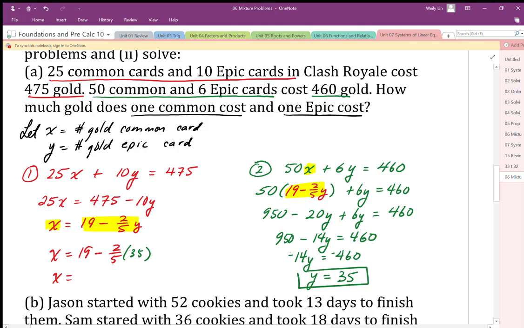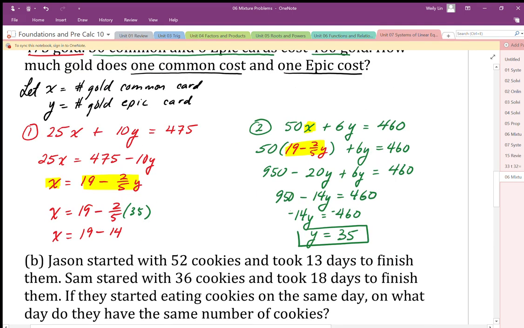So I get 19 minus 2 times 35, which is 70, divided by 5 works out to be 14. So x is 19 minus 14, so the cost of each common card is 5 gold. The cost of the epic card works out to be 35 gold for that one.